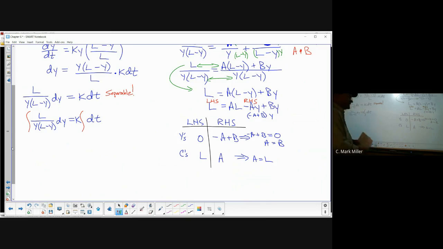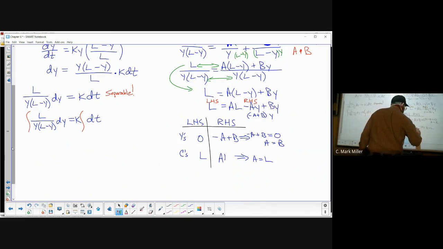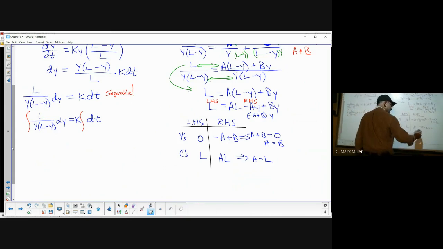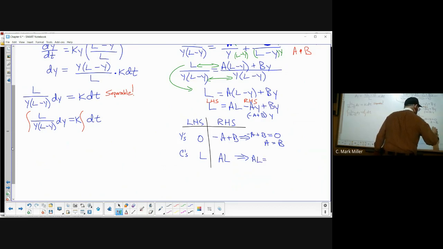I have AL for the constant, and so AL equals L. Those cancel, and that means A equals 1. But if A equals 1 and A equals B, then B equals 1.